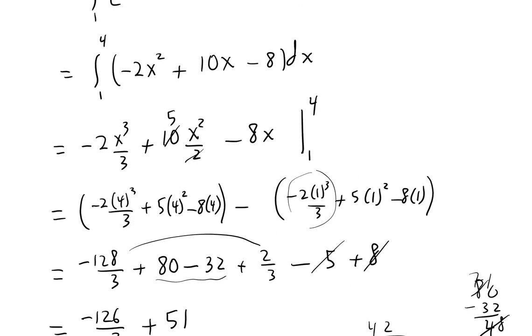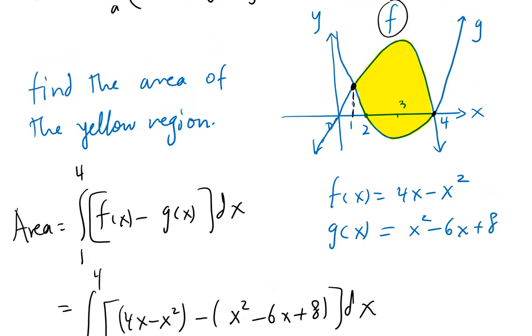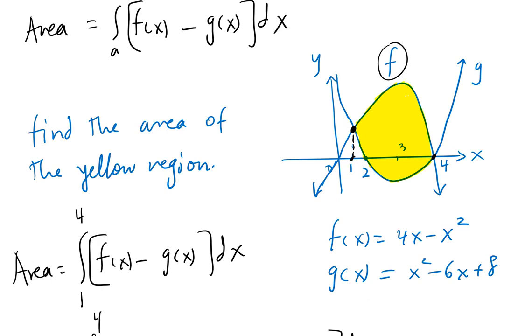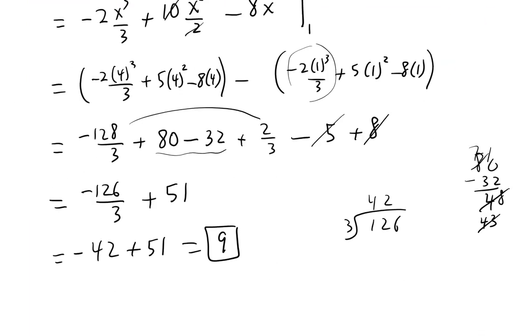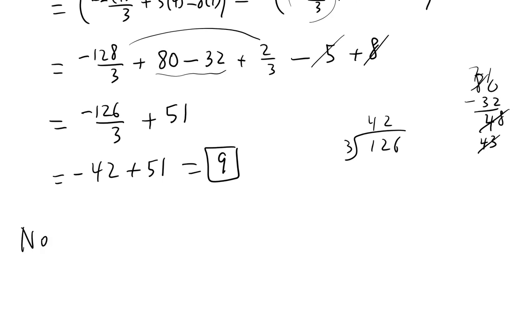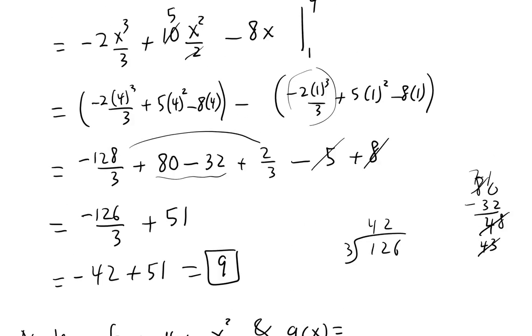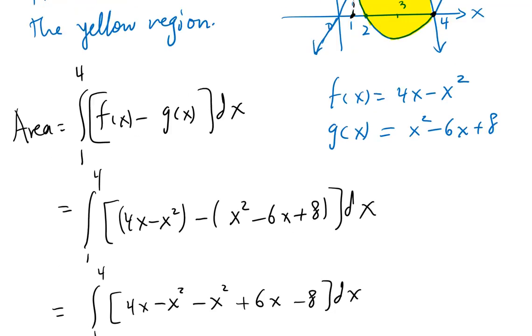Now, notice how when we go back up, it showed us from 1 to 4, but that doesn't happen all the time. The region starts at x equals 1 to x equals 4. Let's say it's not given to us, but they give us the functions. f of x is 4x minus x squared, and g of x is x squared minus 6x plus 8.